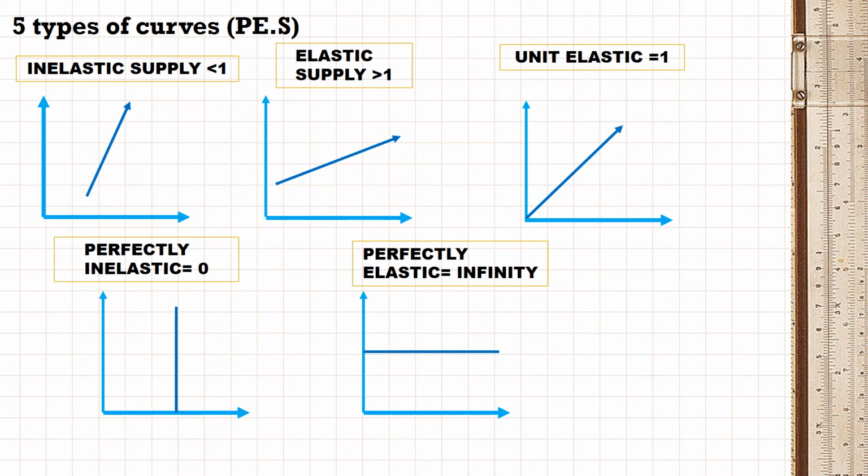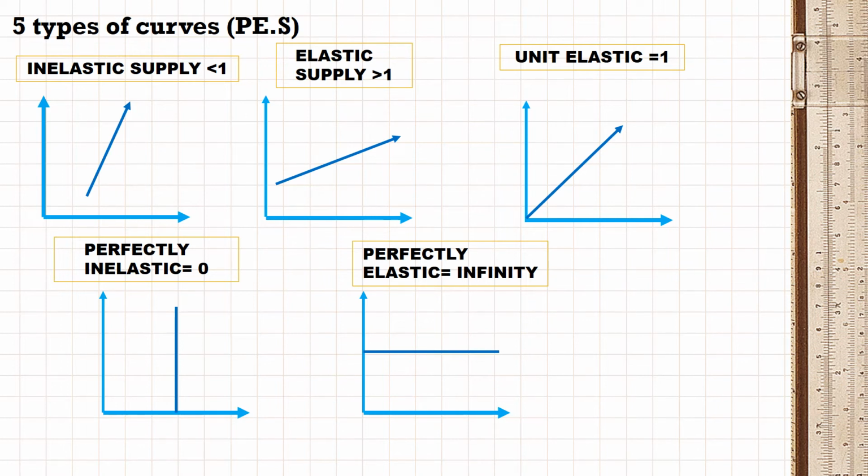Then you have elastic supply, where the supply curve is comparatively flatter and the coefficient value is greater than 1. The third one is unit elastic, and if you notice, the unit elastic supply curve is the usual supply curve which we draw.